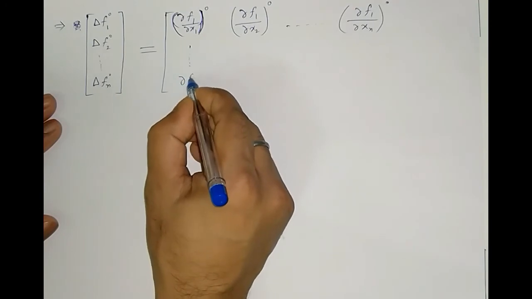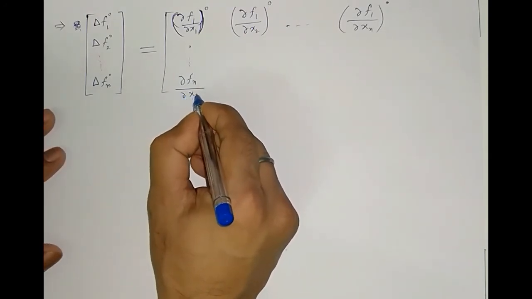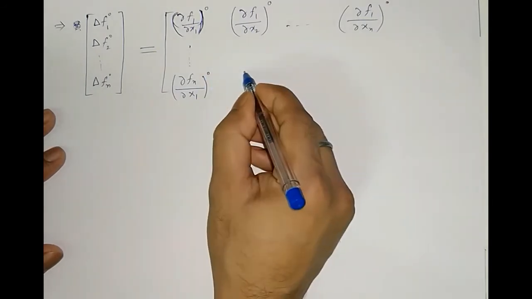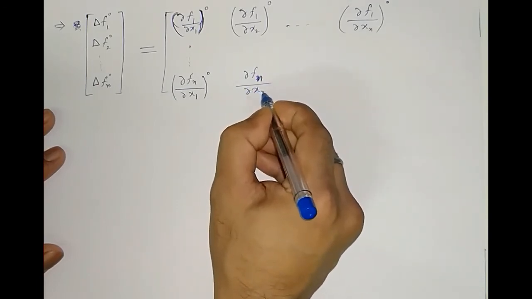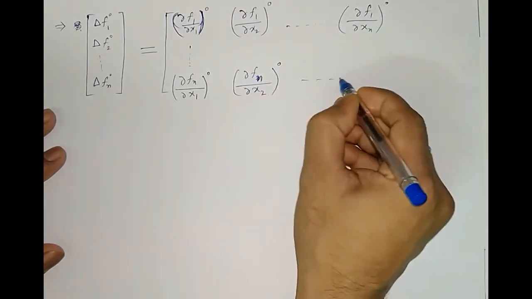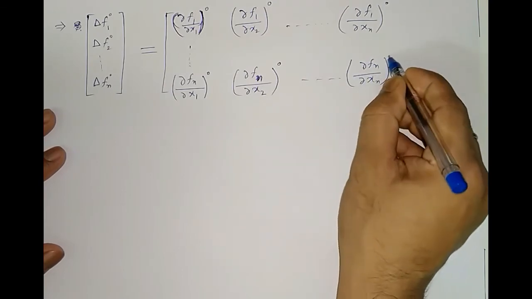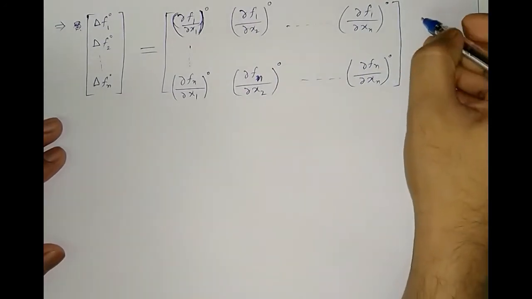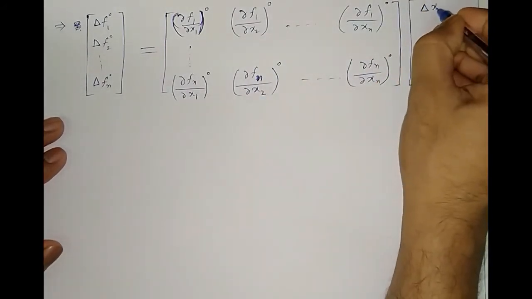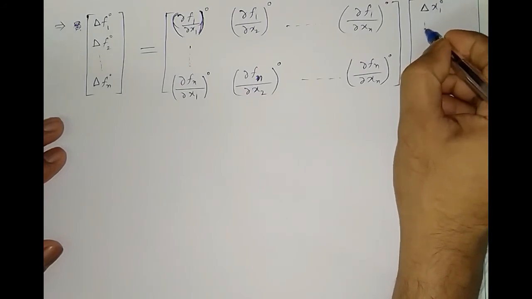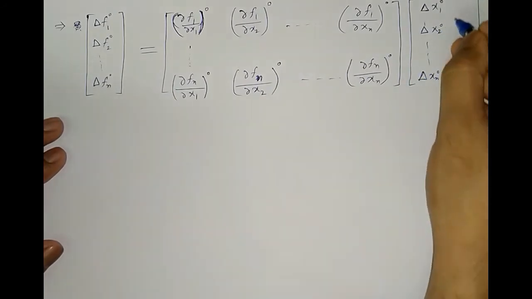This will be del fn by del x1, del fn by del x2, and so on, del fn by del xn, zeroth iteration, and this is multiplied with delta x1 0, the next term delta x2 0, and so on, delta xn 0.